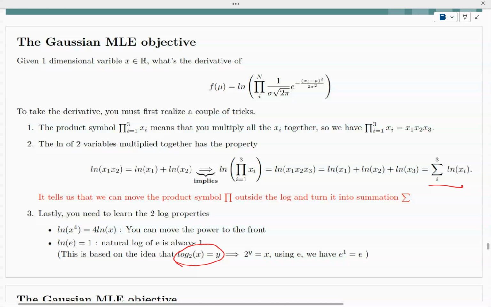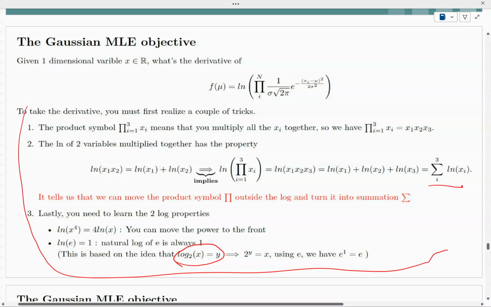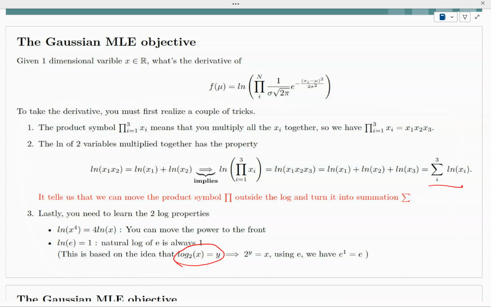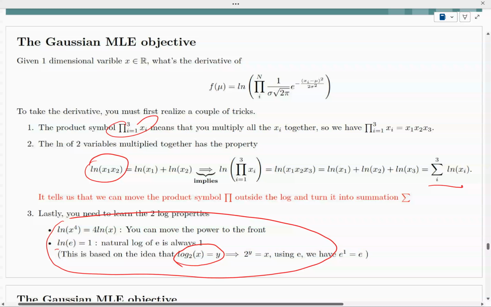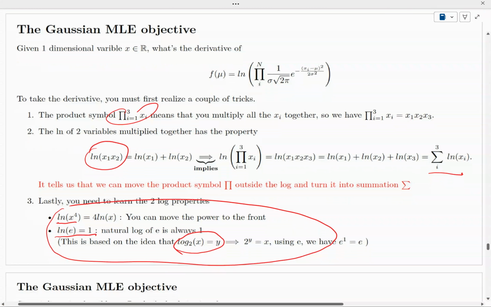So take a second and think about these three properties: splitting of the log of a multiplication, moving the power, and log e equal to 1. Keeping these in mind, we can now drastically simplify this equation.